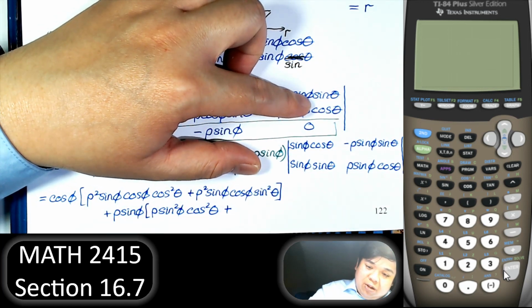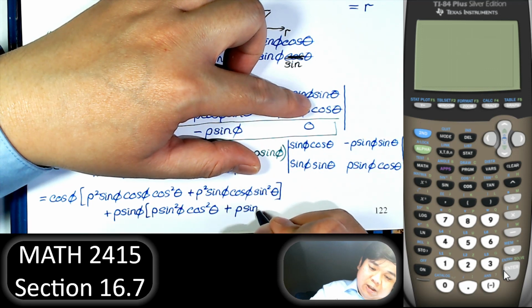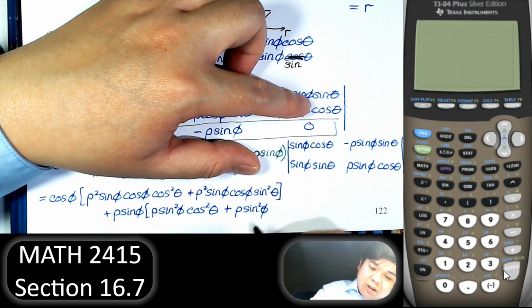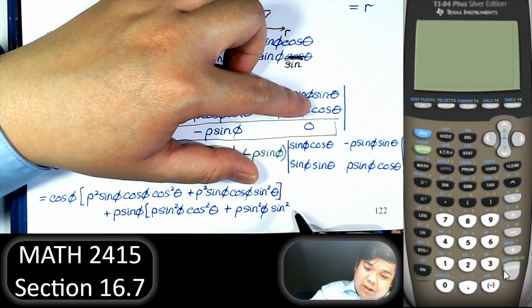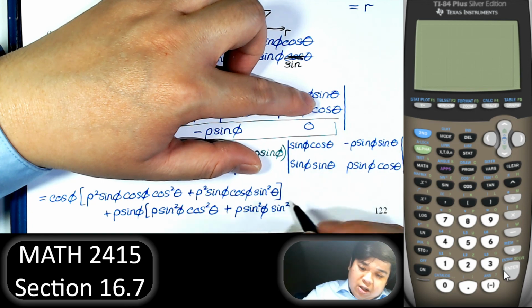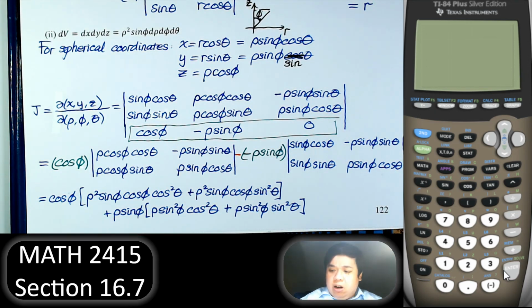Minus negative, so that's a plus sine square theta and sine phi times sine phi.